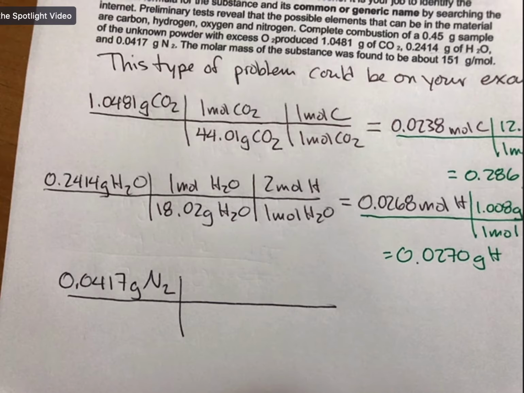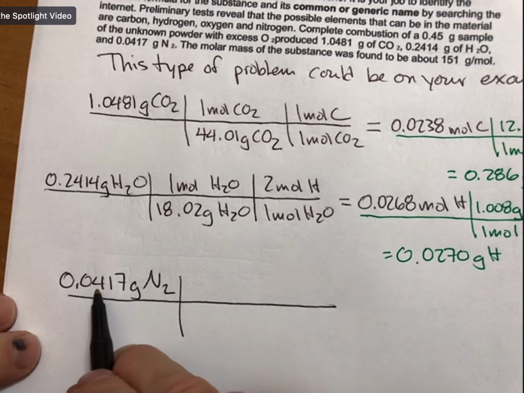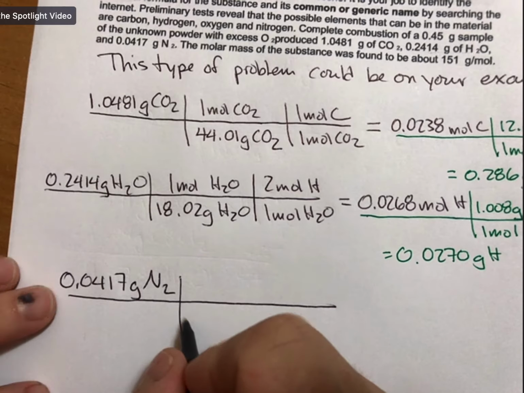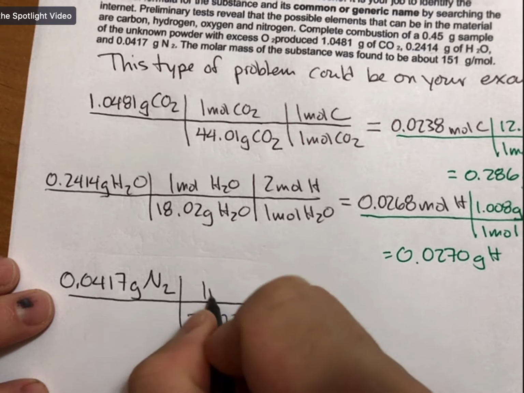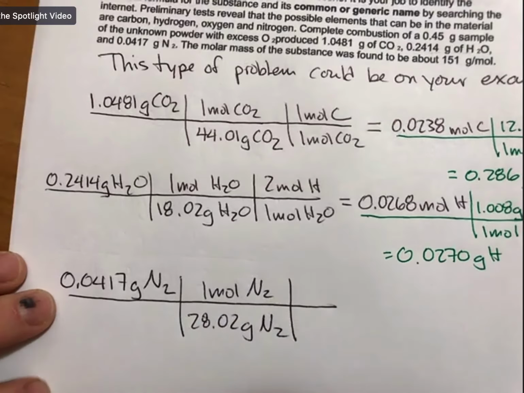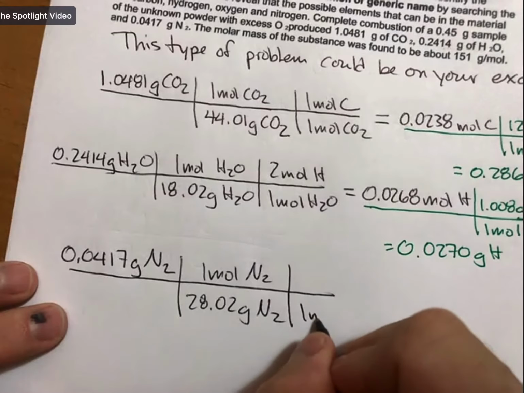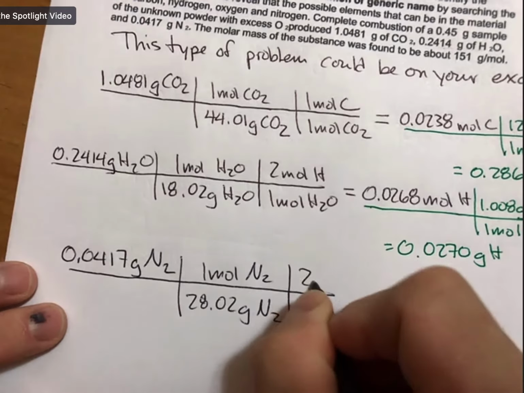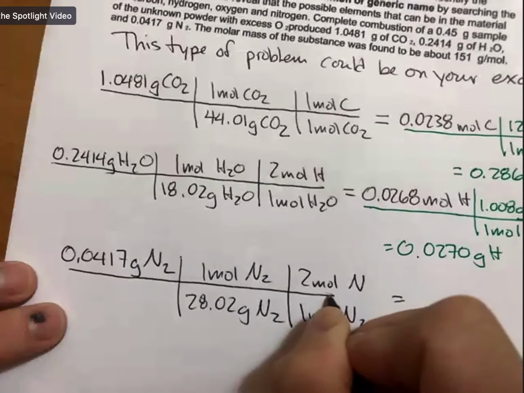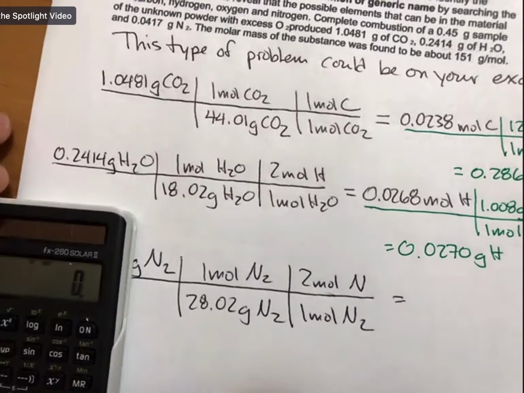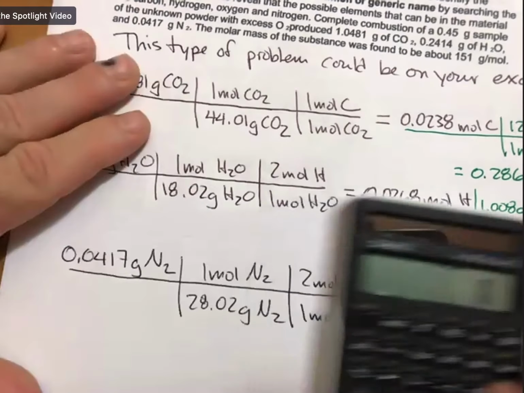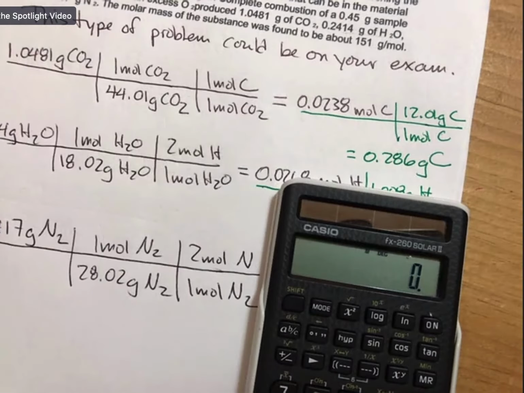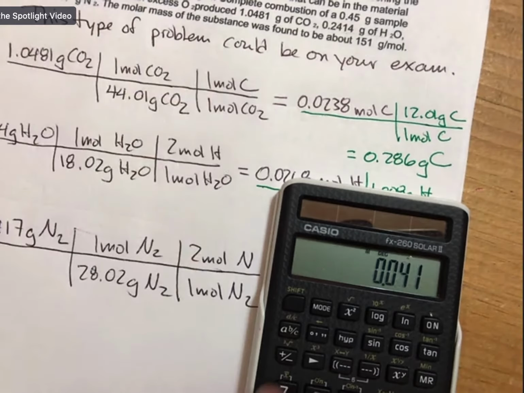Now I'll do the same process I demonstrated last time, which is 0.0417 grams of nitrogen. There are 28.02 grams of nitrogen per 1 mole. And then in 1 mole of N2, there are 2 moles of N. And that 2 does make a large difference in finding your empirical and molecular formula. So that's why, even though it seems relatively straightforward, I like to do the whole calculation out.